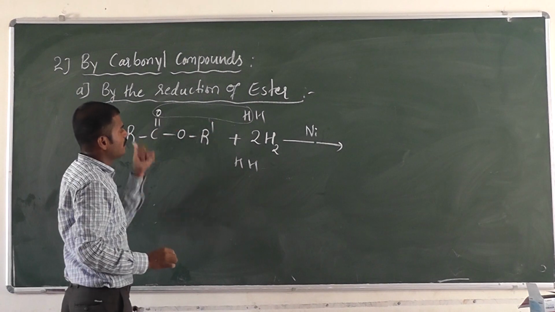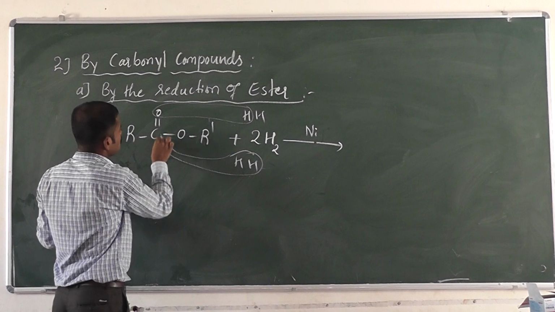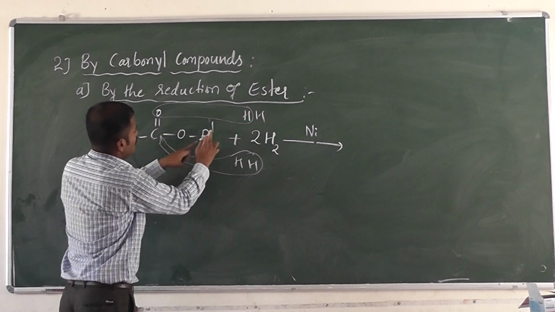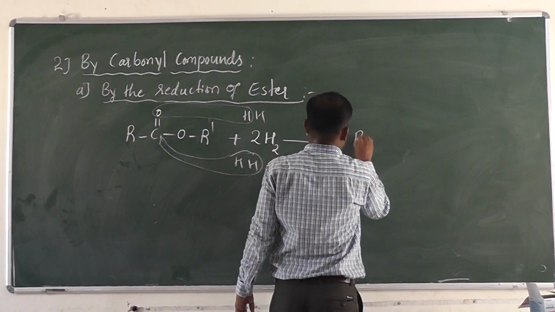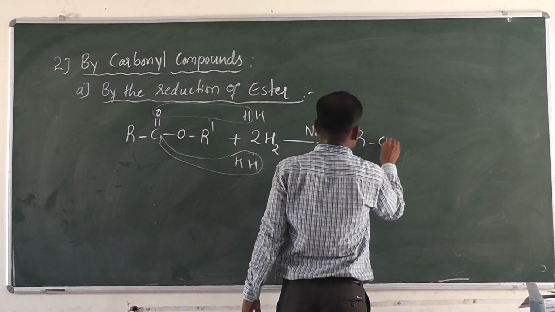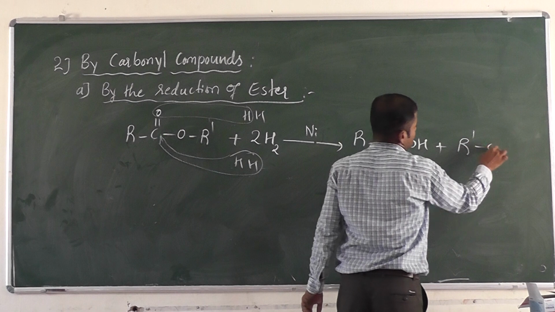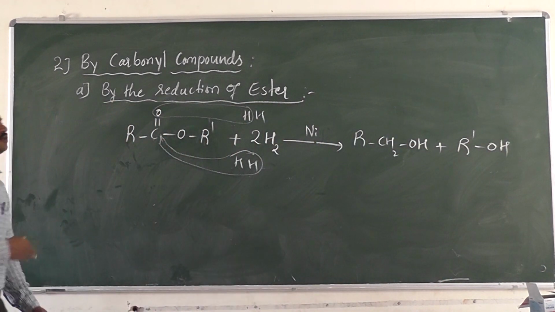So RCH2OH plus R dash OH is the byproduct. We are getting a byproduct.